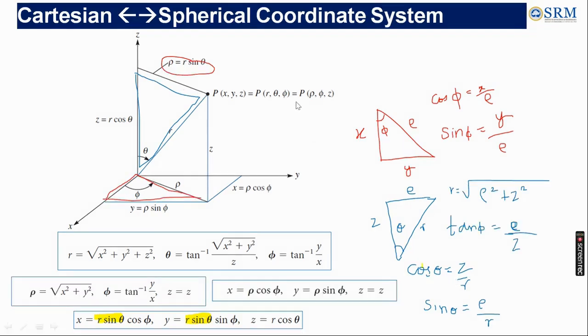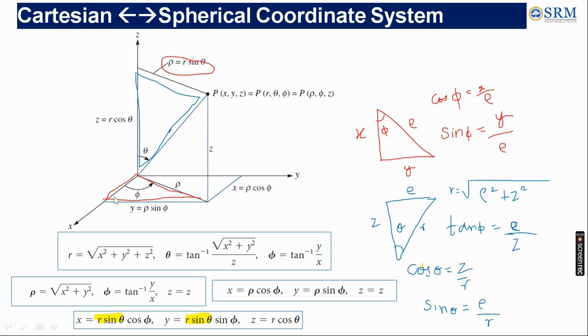Now let us see how the transformation is done between Cartesian and spherical coordinates. For that, the point P is considered in the XYZ plane, considering both the cylindrical and Cartesian coordinates. This point P is at a radial distance r, the radius of the sphere, and at a height z.